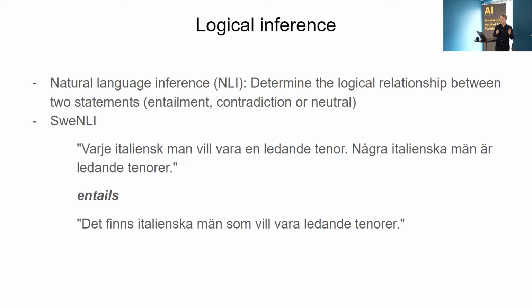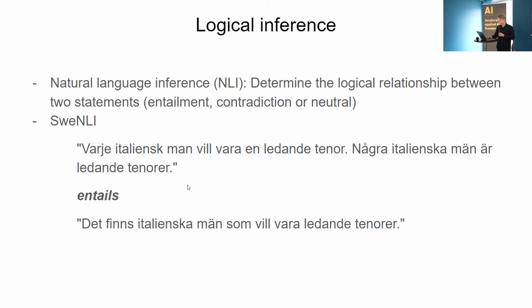So for example, if we have this sentence here, also in Swedish, varje italiensk man, or every Italian man wants to be a leading tenor. Some Italian men are leading tenors. This would entail this hypothesis that there are Italian men who want to be leading tenors. Because if every Italian man wants to be a tenor, then there are some that want to be it. So you just have to find the logical relationship here.